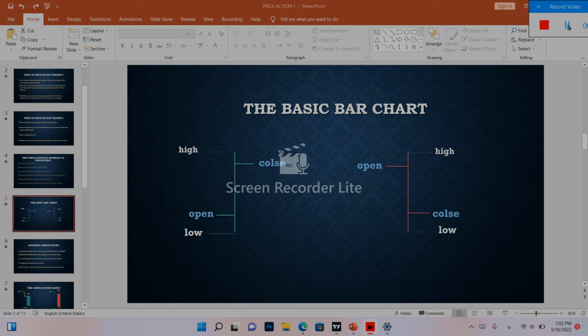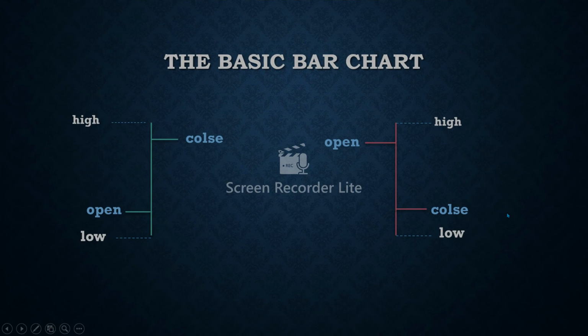Excuse me, let me continue. And the candle has four pieces of information: open, close, high, and low.